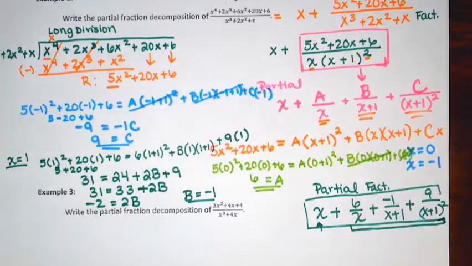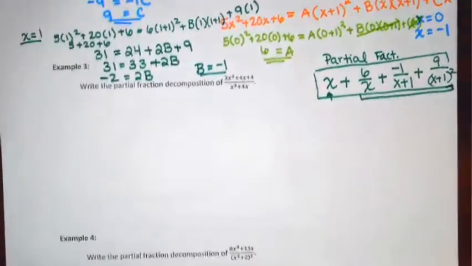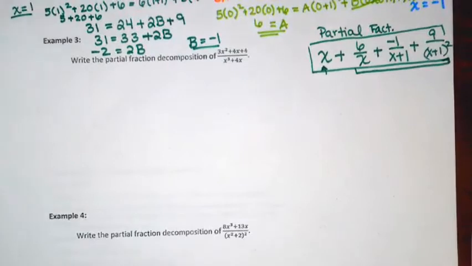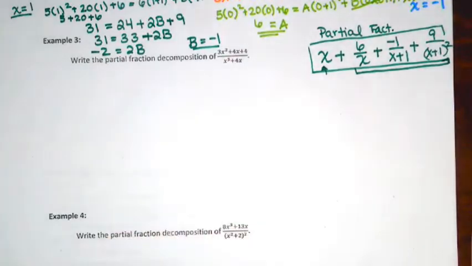All right. The next one here. The first thing we look at is: is my numerator degree greater than the denominator's degree? No. So we can't do long division. Since we can't do long division, we factor that denominator.